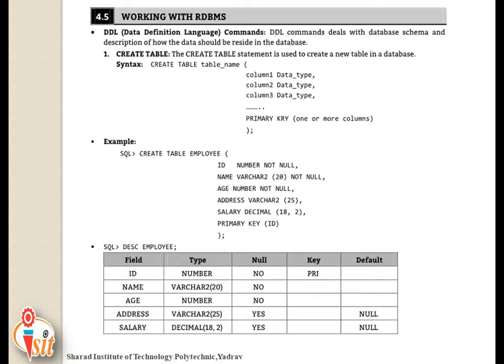Name no null, age is also required, address having null value, salary having null value. Then what is the primary key of this relation? The primary key of this relation is ID, and by default you can put address and salary null. Here is the overall description of the employee table in table format.